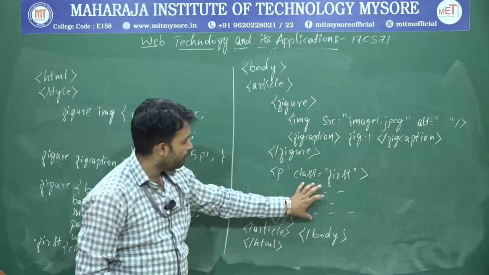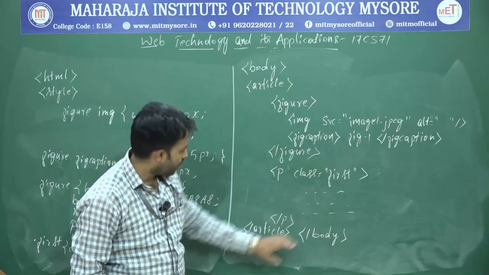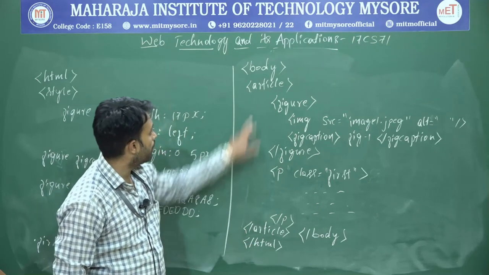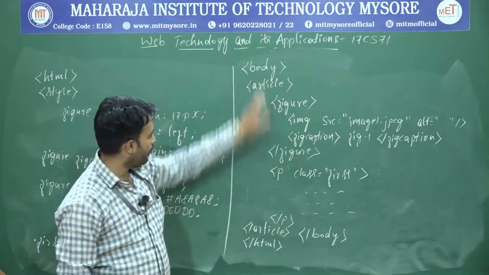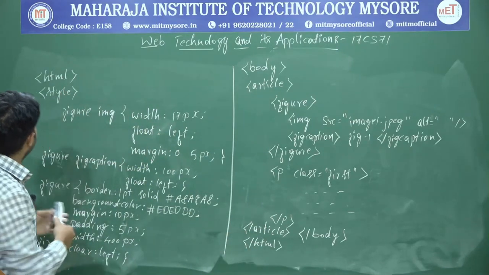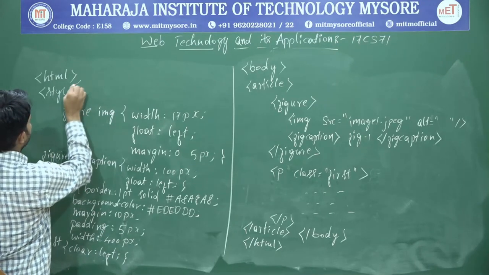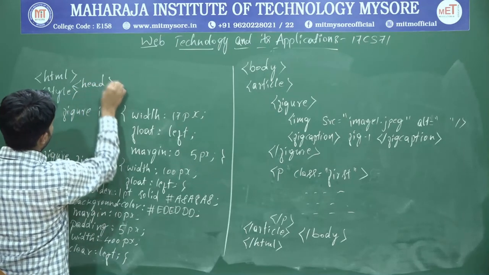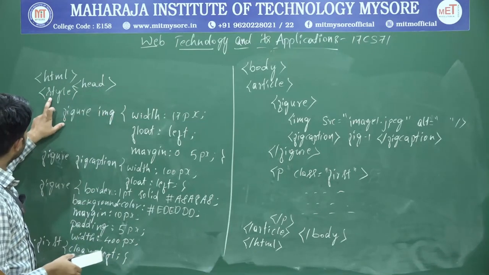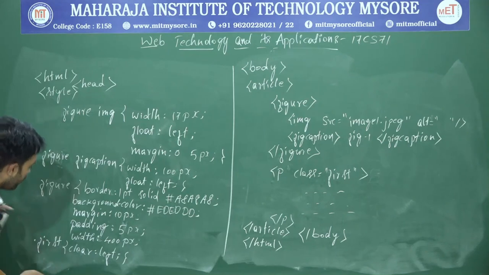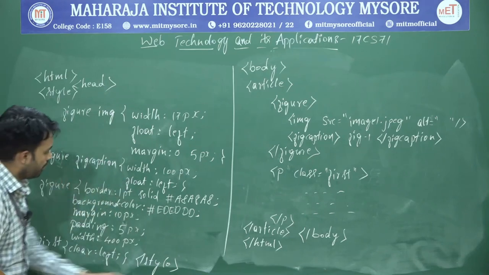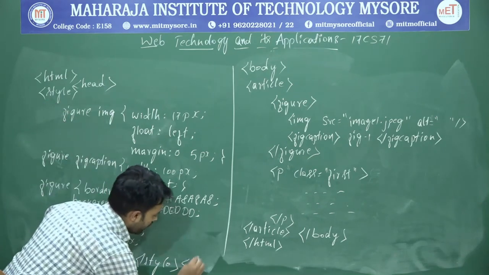It is followed by 10 lines of content, and then I have closed this paragraph, and the closing tags of article, body, and HTML. Coming to the head part of the HTML, within head I have written style, and at the end I close this style and close the head.